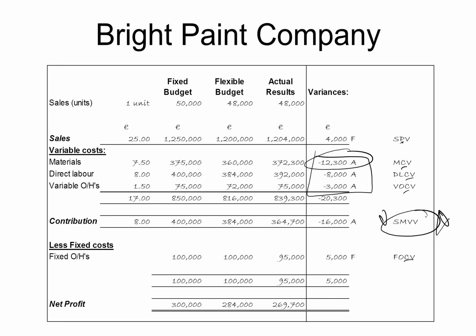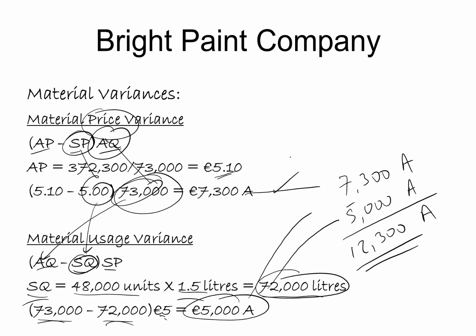If we just go back to the table, there we are, €12,300 adverse, which is exactly what we have here. So we can take the total direct material cost variance, €12,300 adverse, and break it down into a price variance of €7,300 adverse and a usage variance of €5,000 adverse.